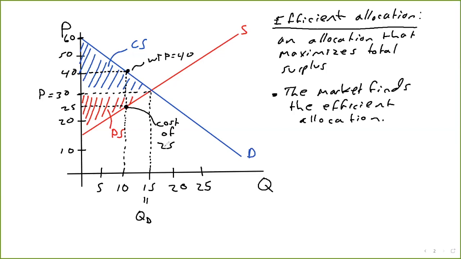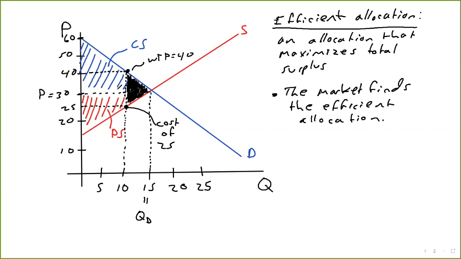We can still transact up to 10 units, because at a price of 30, 30 is above the producer's cost up to 10 units, and 30 is below the buyer's willingness to pay up to 10 units. But we end up missing out on all this area of surplus. These are deals or transactions that would have taken place but aren't for whatever reason.